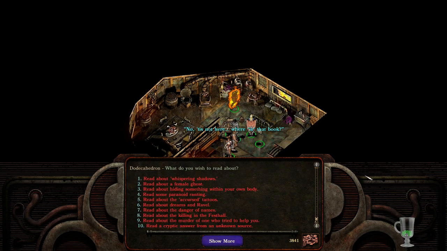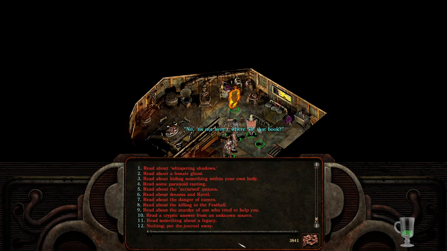Browse through it. What do you wish to read about? Whispering shadows, female ghosts, hiding something within your own body, paranoid ranting, the accursed tattoos, dreams unravel, the danger of names, killing in the fest hall, murder of the one who tried to help you, cryptic answer from an unknown source, something about a legacy.